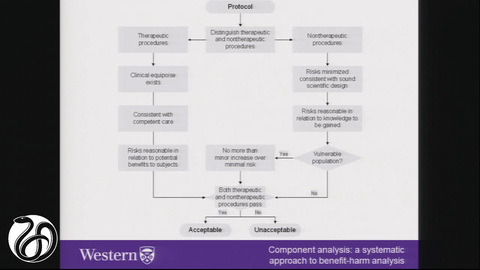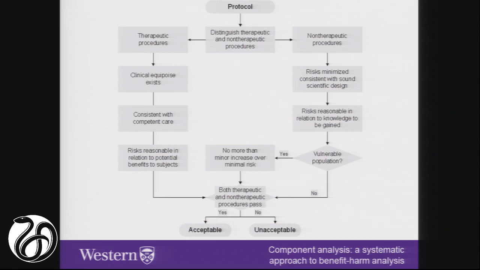In this, the IRB, as I've said, separates therapeutic procedures from non-therapeutic procedures. Therapeutic procedures must fulfill the requirement of clinical equipoise. Non-therapeutic procedures must have their risks minimized and have those risks deemed reasonable in relation to the knowledge to be gained. Importantly, according to this view, minimal risk as a risk threshold actually only applies to non-therapeutic procedures.